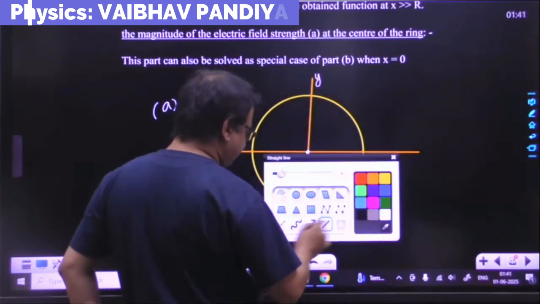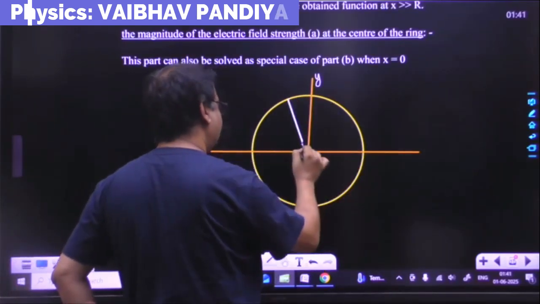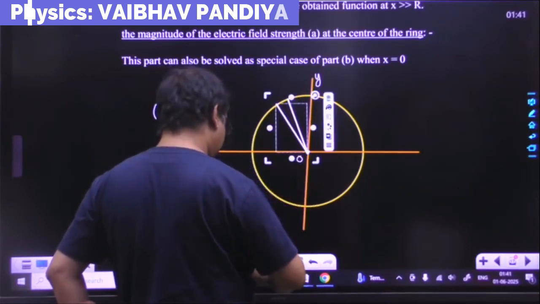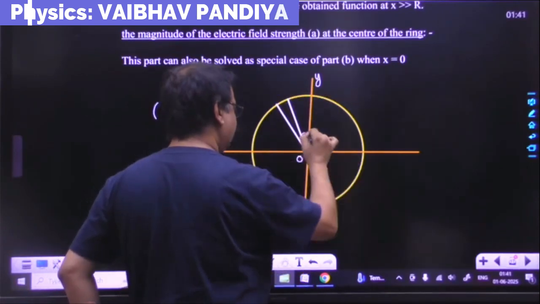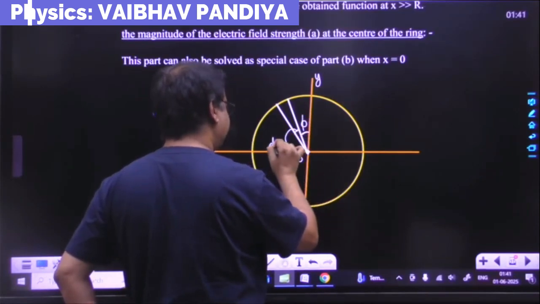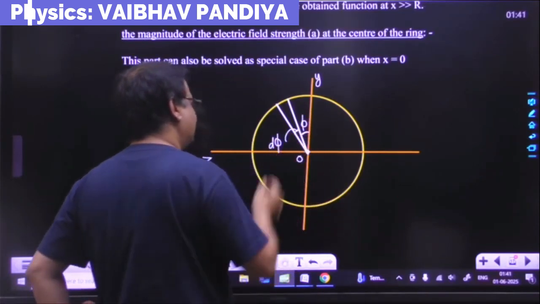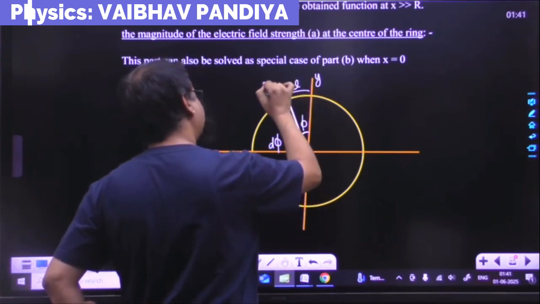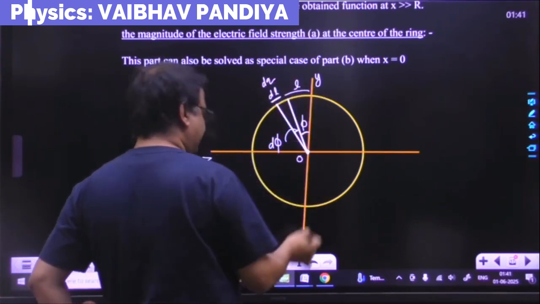And say this I'm taking as the reference line, and this is the charge element, because we have to take a charge element because lambda is varying with azimuth. So this is phi, this is L and this is a dl, and say it has a charge dq, correct?